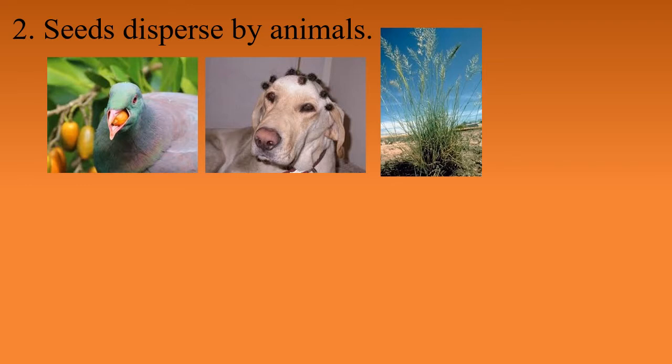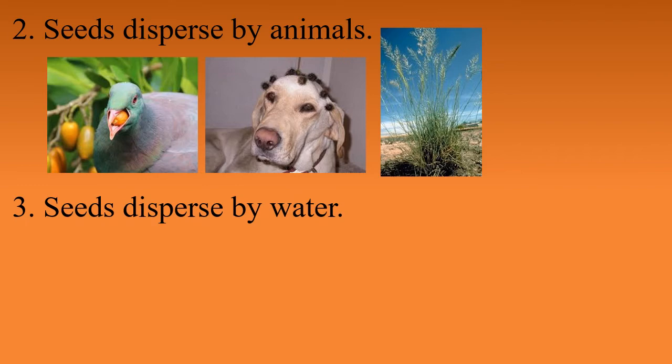Animals and birds eat fruits and vegetables. Sometimes they leave the seeds. Sometimes they eat the seeds and excrete them. Some seeds such as burdock and lovegrass are sticky or have hook-like structures that stick to the body of animals that pass by.